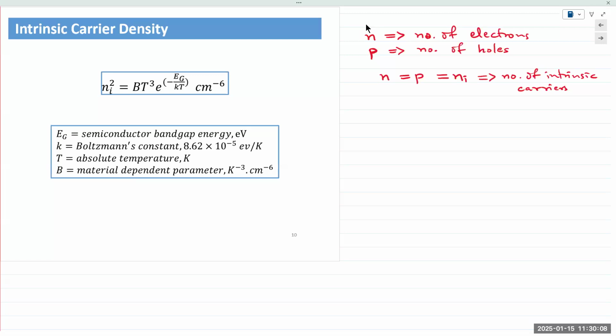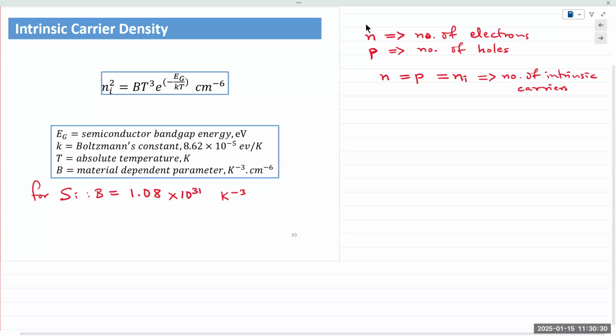For silicon, B is equal to 1.08 times 10 raised to 31 K raised to minus 3 times centimeter raised to minus 6.